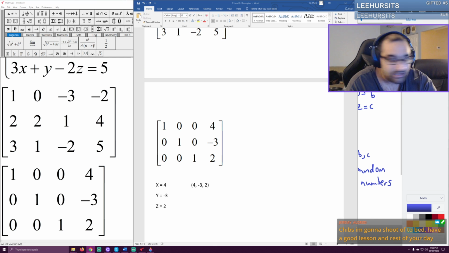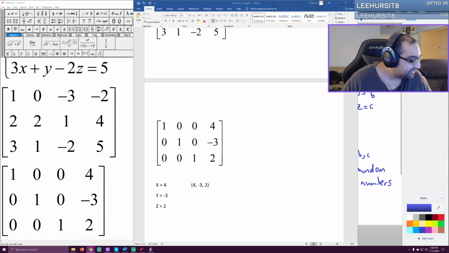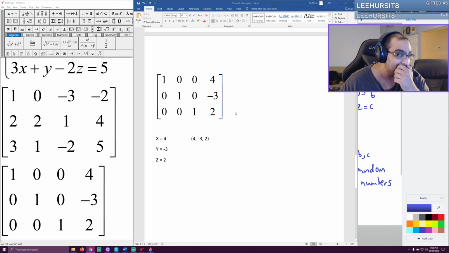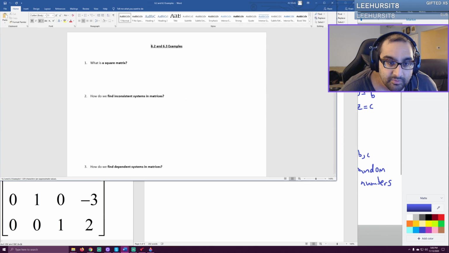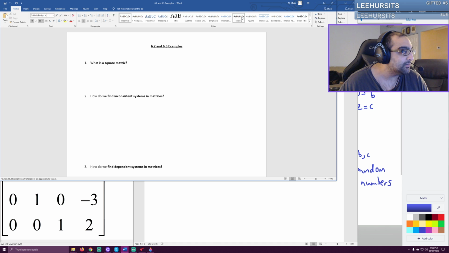Okay, very good. That is section 6.1 in a nutshell. Let's move on to section 6.2. Let's bring up that handout right now. It's on a separate handout, so I'm going to bring that up.